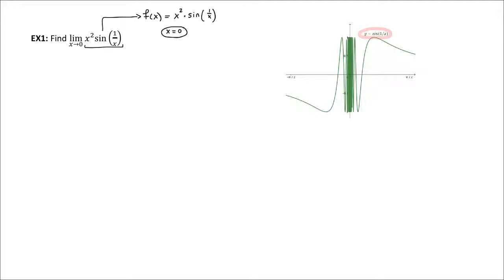This graph is oscillating back and forth between 1 and negative 1 around 0. Actually, in fact, it's oscillating throughout its domain. It keeps going back and forth between 1 and negative 1.